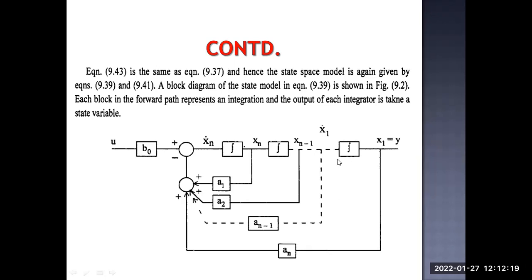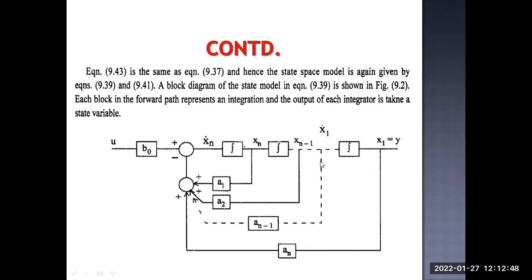Then this integrator means what? This term is xn minus 1. If you integrate this, basically this is your x1 dot. X1 dot is dx1 by dt, so if you integrate it, x1 will come.